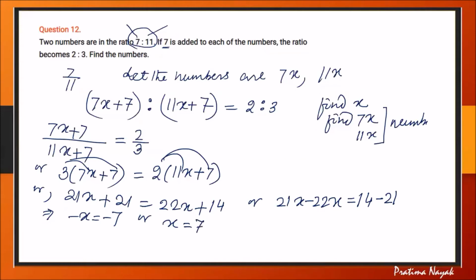But this is not the answer. The answer is you have to get the numbers. One number is 7x, which is 7 into 7, that will be 49. The other number is 11 times x, so 11 into 7, that will be 77. So the numbers are 49 and 77.